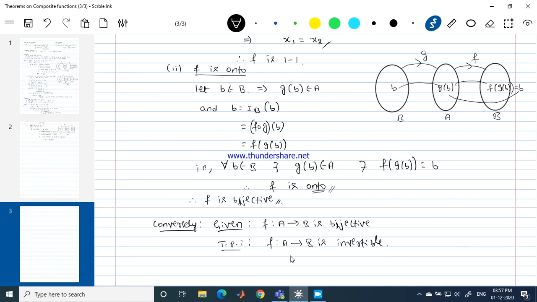So what I need to do here is identify one function g from B to A such that f composition g becomes I_A and g composition f becomes I_B.